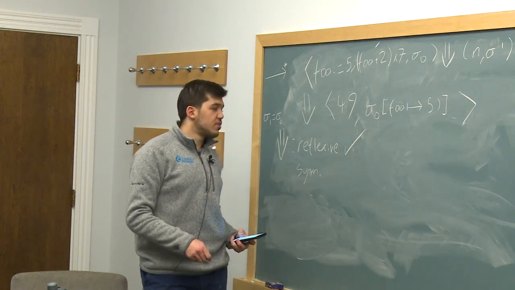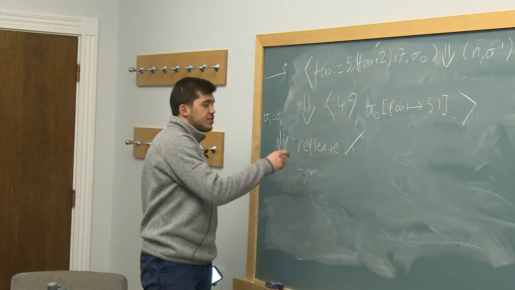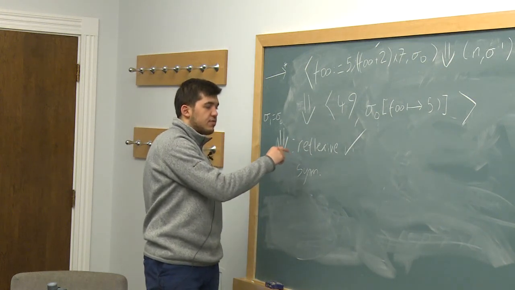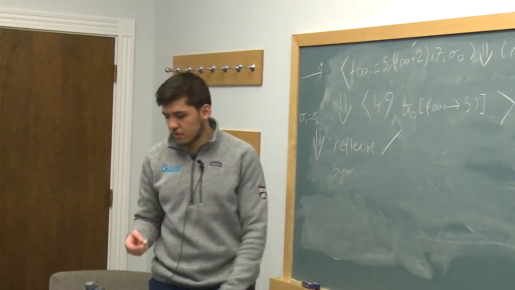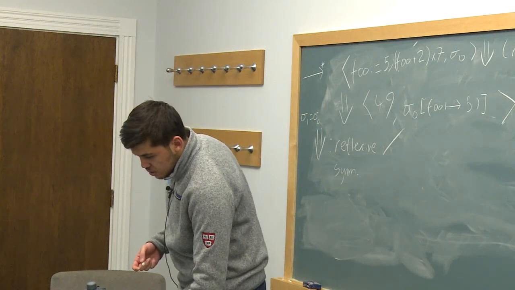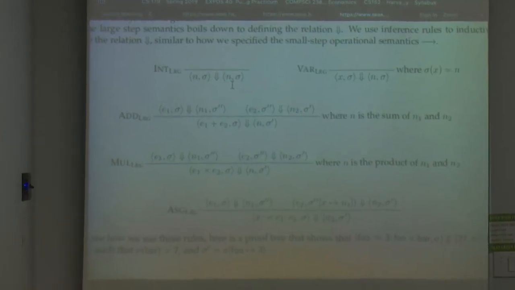So that makes sense. You guys are both close. The reason why the large step semantics is reflexive is because we just have to use that one rule we have, which is int large. Whereas I don't think there is a rule here that would, let's say, go the other way.